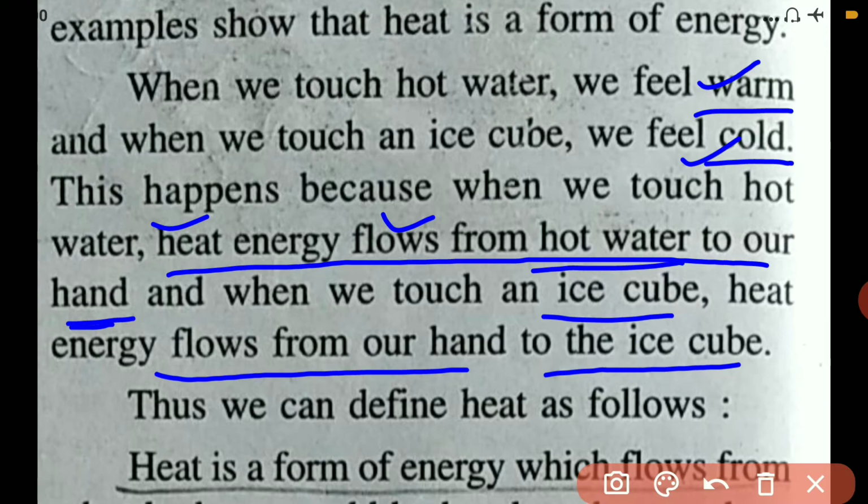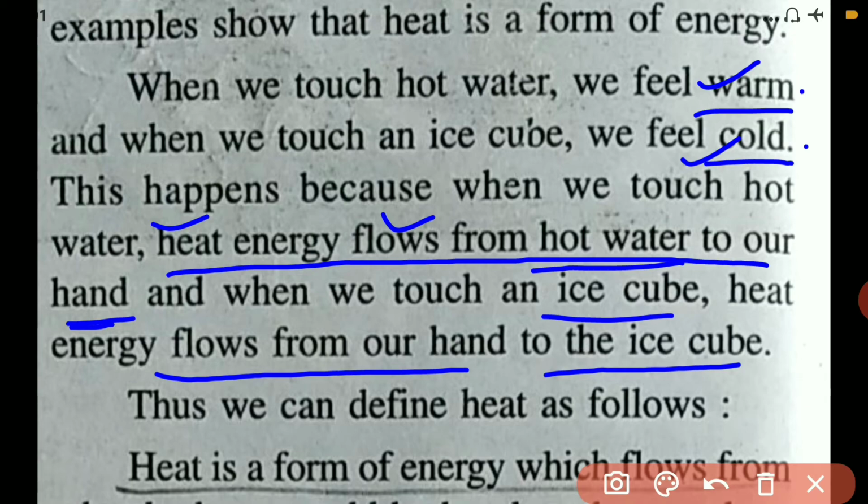We feel warm when the heat flows into us, and we feel cold when the heat is flowing out from us. So warmth and coldness are the feelings created by the flow of heat. So what we understand from this paragraph is that warmth and cold both are sensations created by the flow of heat.